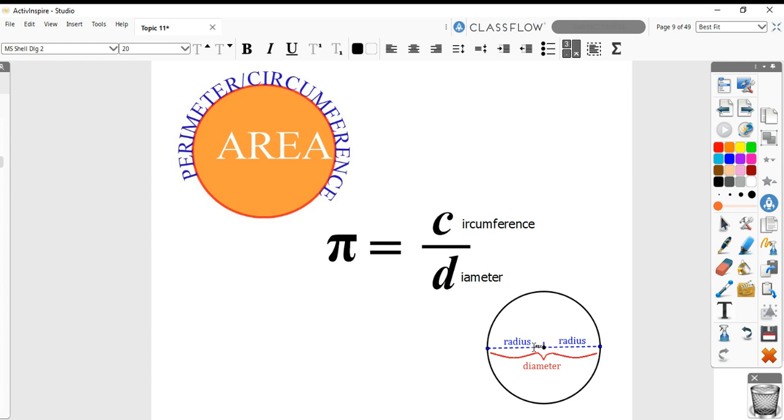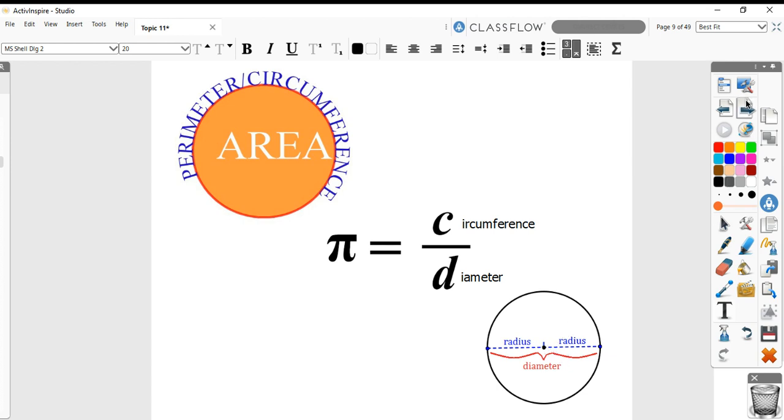Now, the radius, as we described it, was another line segment, but instead of going all the way across, the endpoints of the radius were one on the circle, and one of them was the center. And so, when you've drawn a diameter on a circle, you've actually drawn two radii, and that gives us this relationship where the radius is half the length of the diameter, and the diameter is twice as long as the radius. That's going to be some important information here in just a little while.